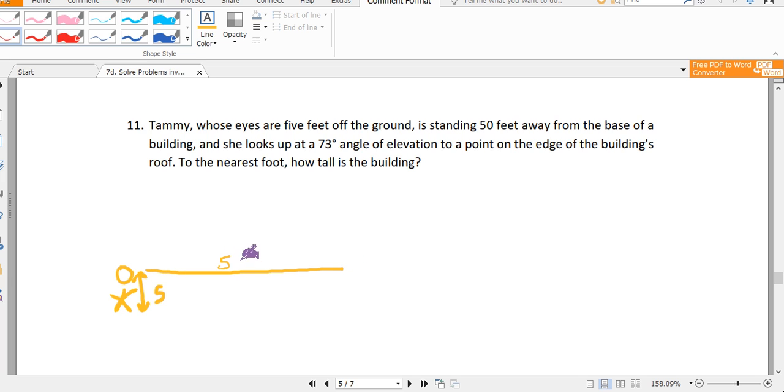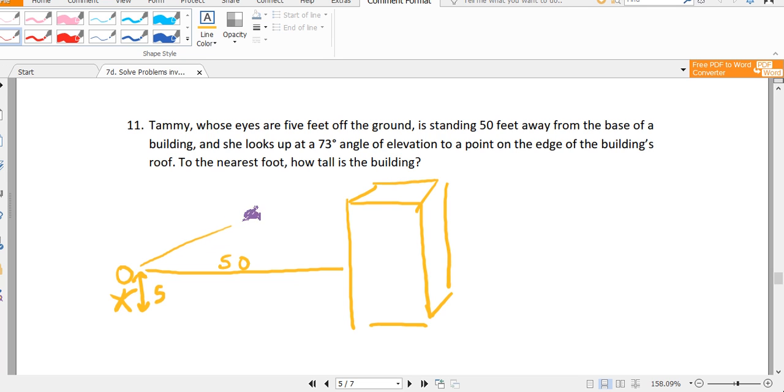So here's a building. And she looks up at an angle of 73 degrees to the point on the edge of the building's roof, which means that is to the roof, 73 degrees. To the nearest foot, how tall is the building? So all I need to do is, again, there's the triangle, find the length of this side using SOHCAHTOA, knowing that this side is 50, and then add 5.